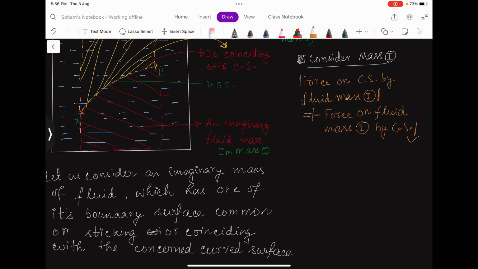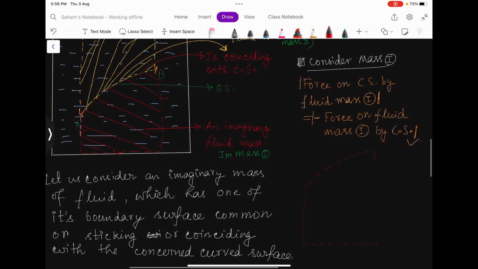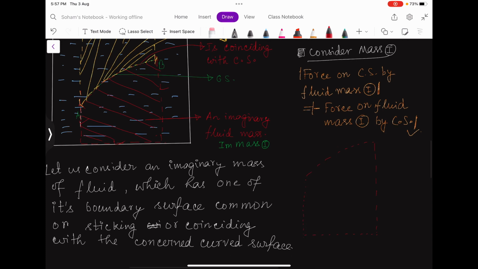So let us now consider the fluid mass 1. I am drawing it in red itself. So this is the fluid mass 1.